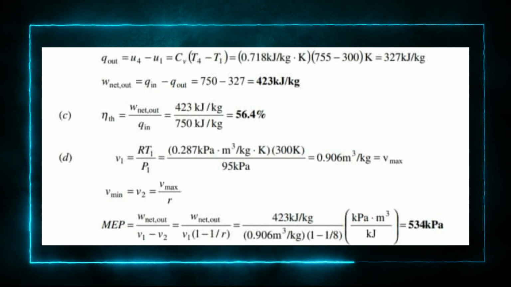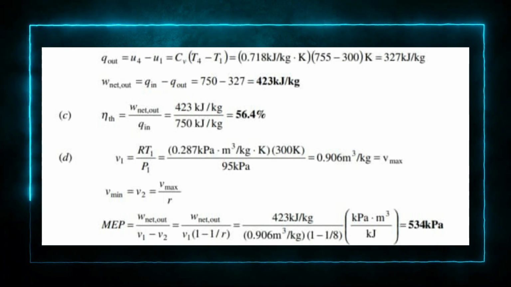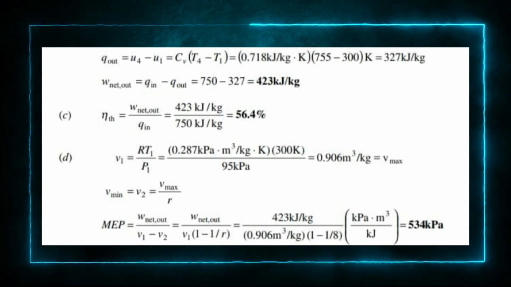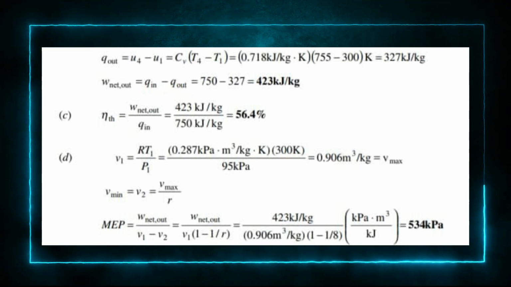Next, W net is equal to heat addition minus heat rejection, and it equals 750 minus 327, which is 423 kJ per kg.